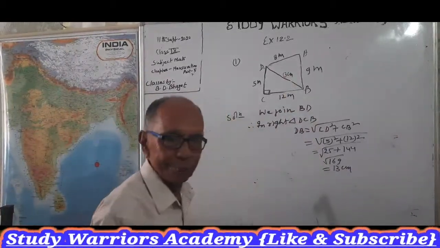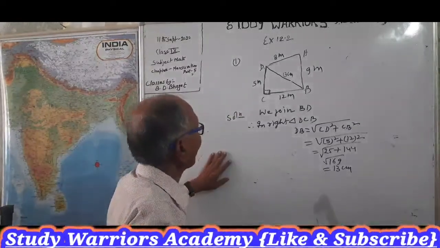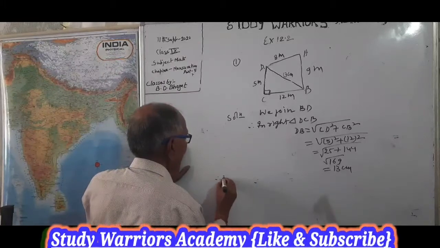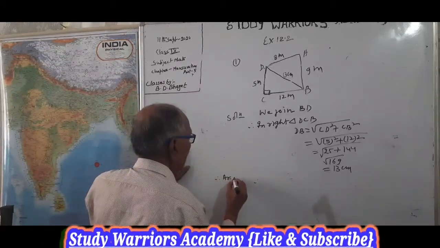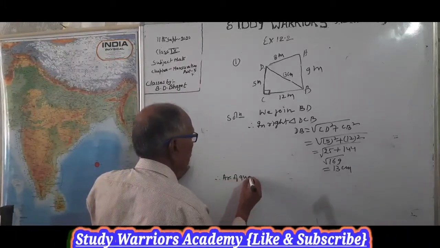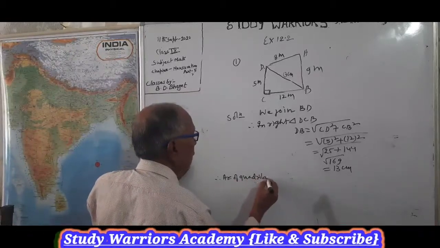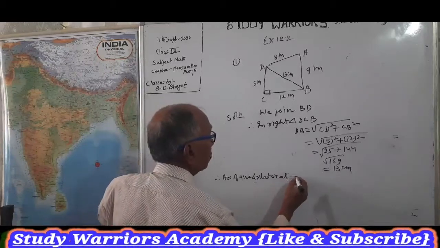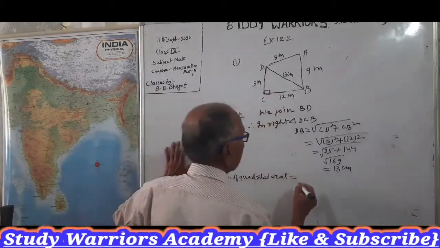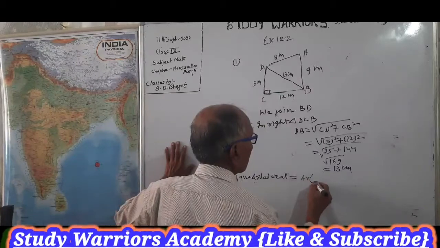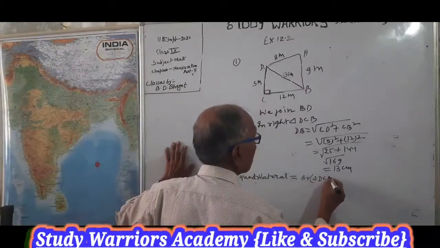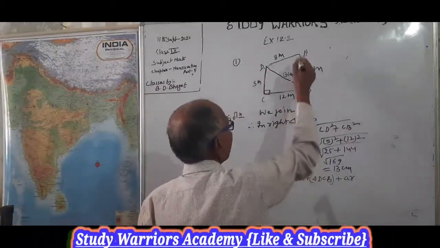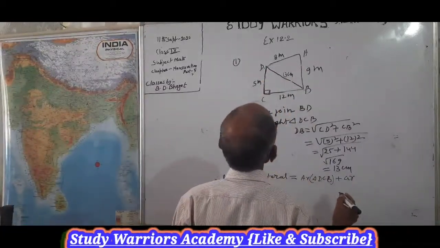Now area of the quadrilateral is equal to the sum of the area of both triangles: area of triangle DCB plus area of the second triangle, DBA, ADB.